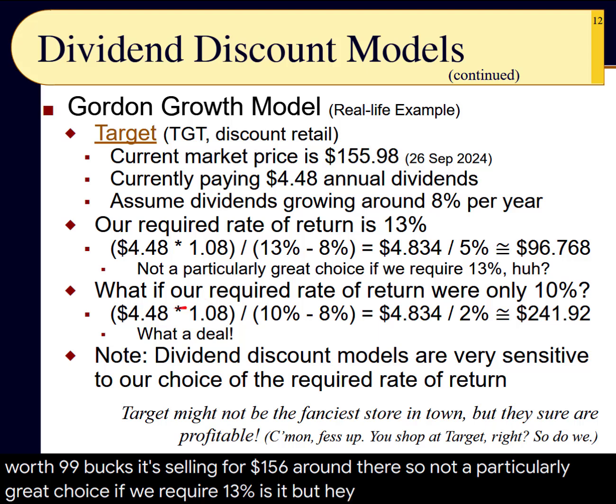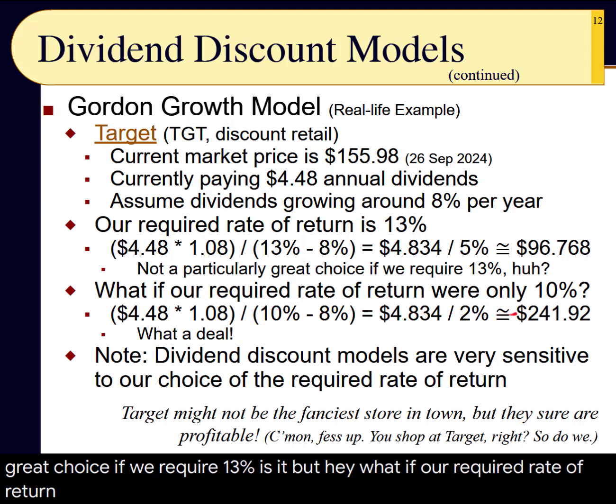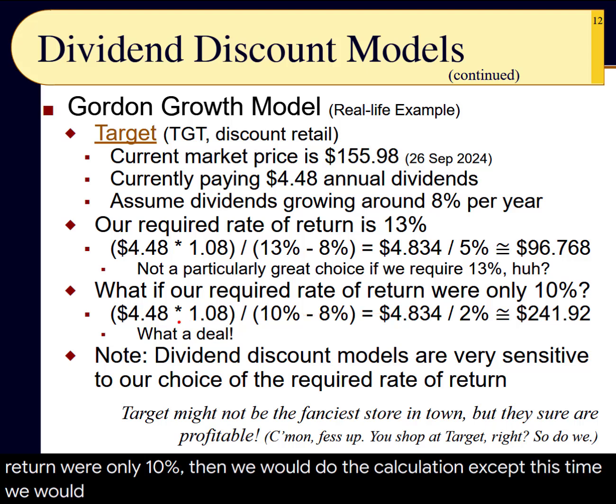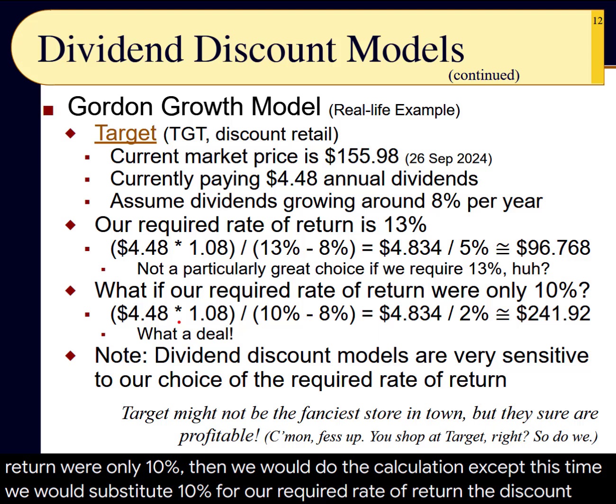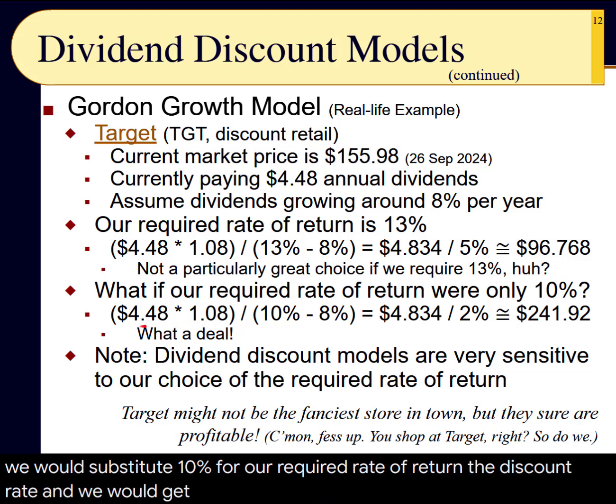But hey, what if our required rate of return were only 10%? Then we would do the calculation, except this time we would substitute 10% for our required rate of return, the discount rate, and we would get $4.48 times 1.08, or that same 4.834.